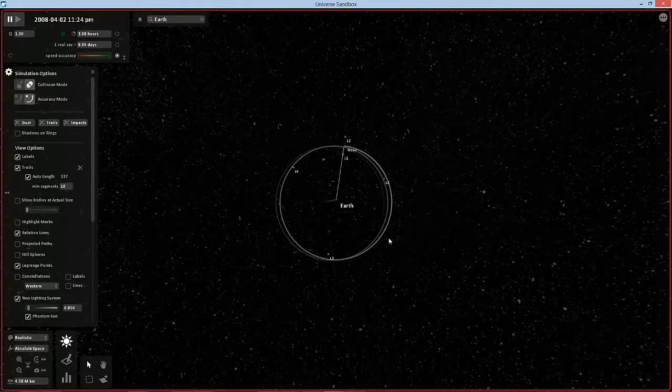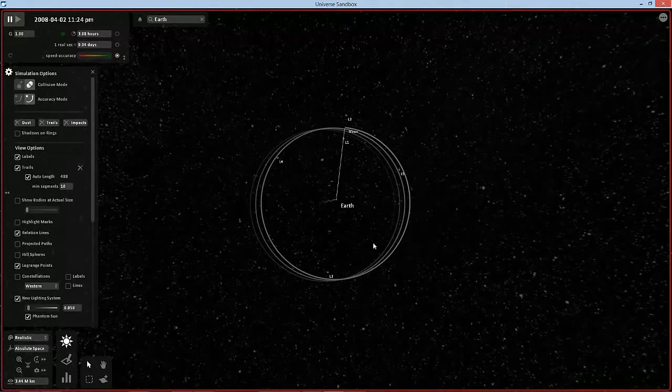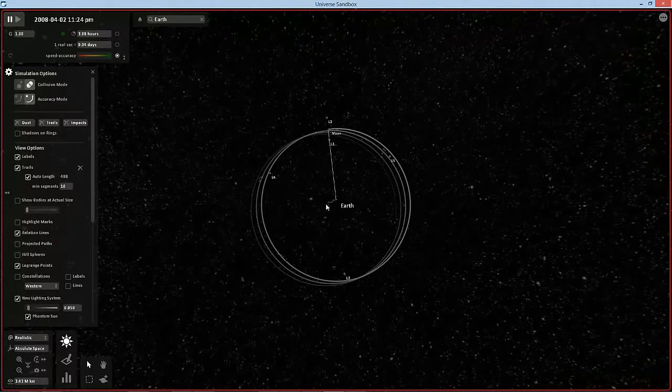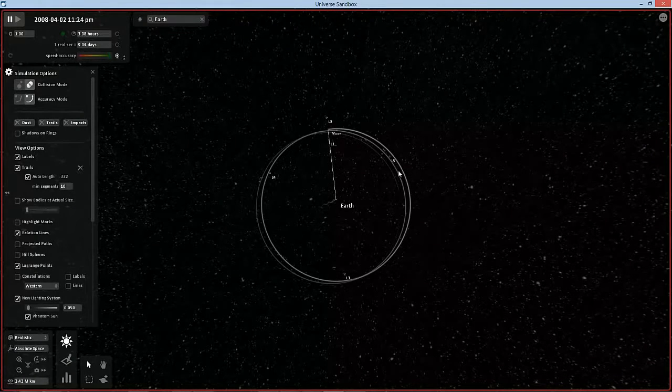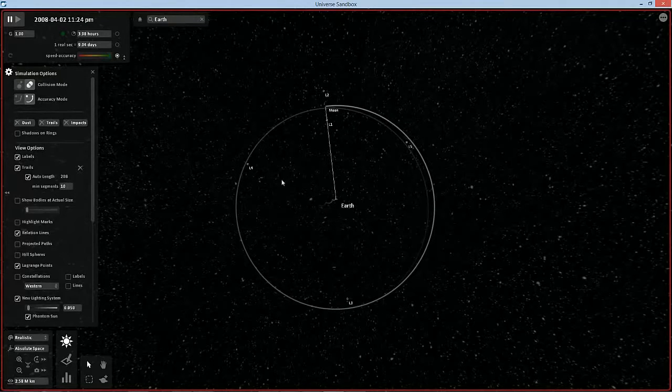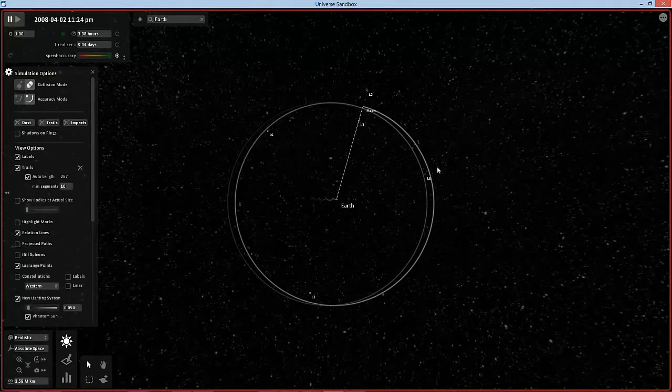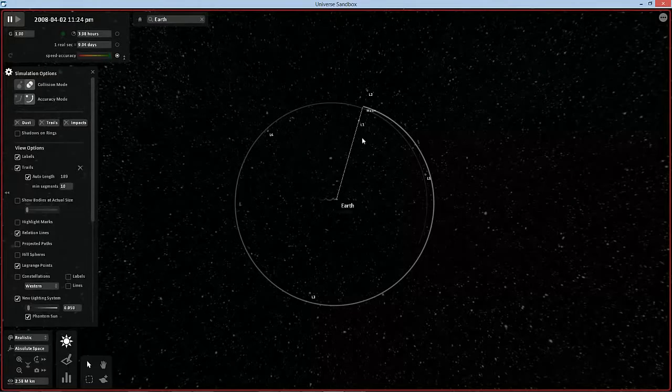So it's very interesting and very important, because if you want to put, say, a refueling station or a base, put it at L4 or L5, and that way you don't have to worry about all that. Now, given that things do collect there periodically, you do have to worry about little rocks. So L1, L2, and L3 are your best bet to avoid those rocks. And of course, you still might run into a little bit of them.